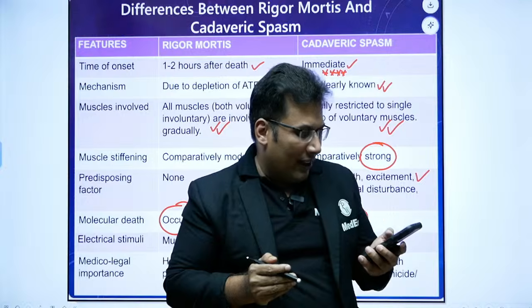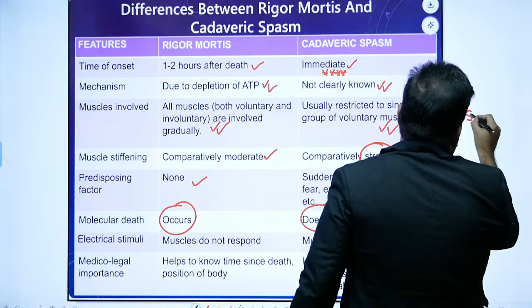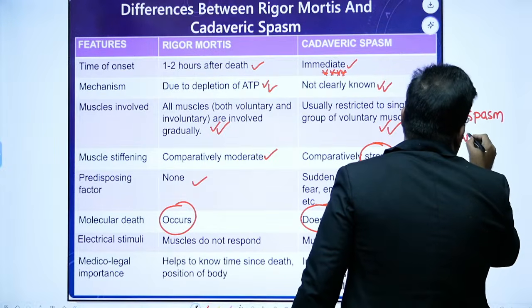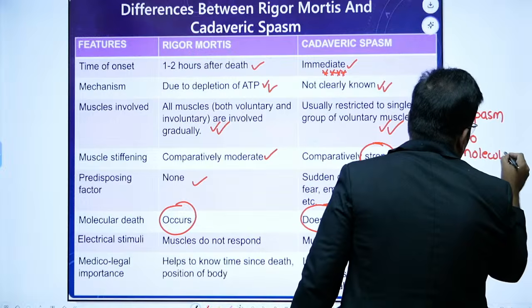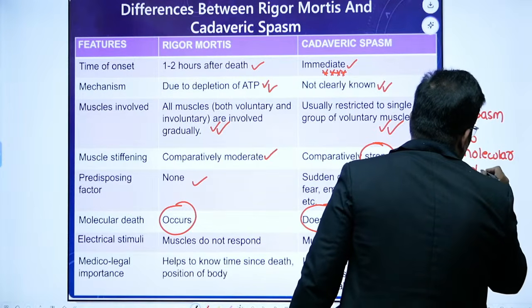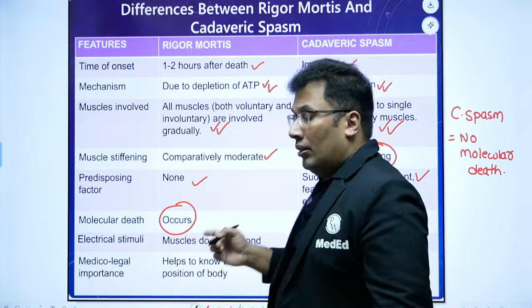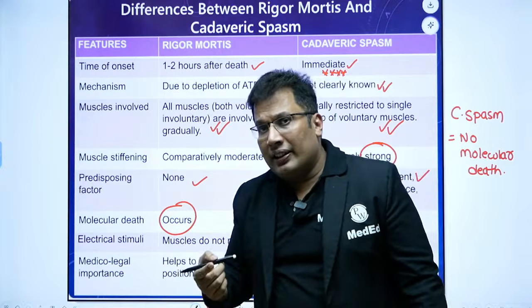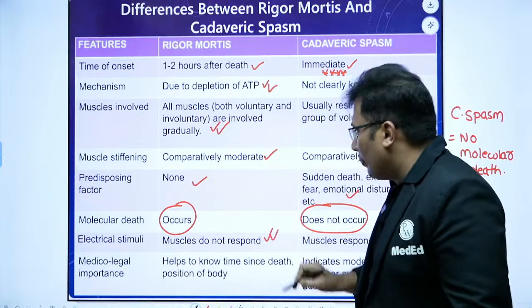This is also very important, so all of you write in the chat box: in cadaveric spasm, no molecular death. When there is molecular death, the muscle does not respond to stimuli.